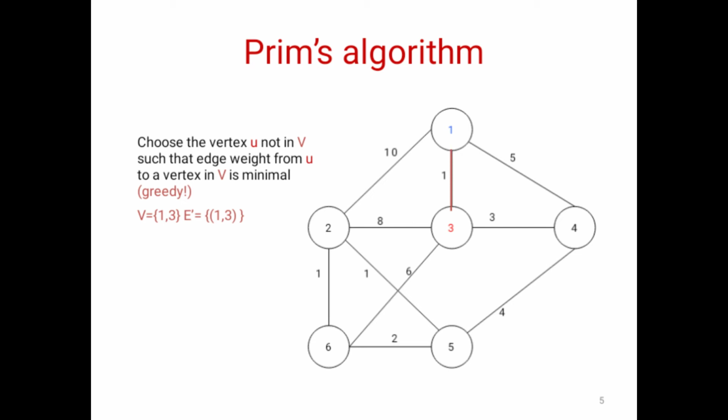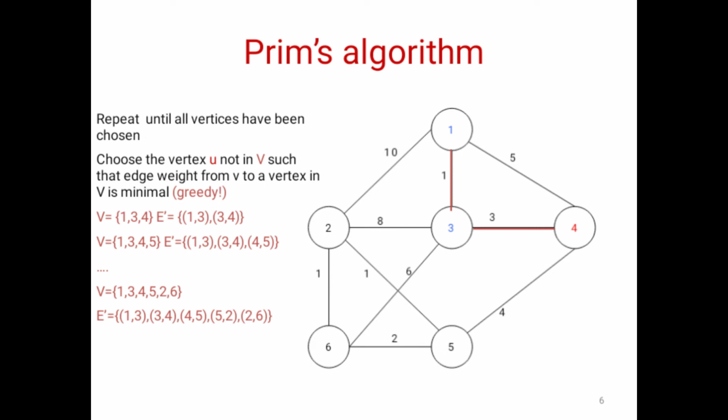Again choose the vertex with minimum cost. From 3 to 2 the cost is 8, 3 to 6 the cost is 6, and 3 to 4 the cost is 3. Hence I am choosing 3 to 4.